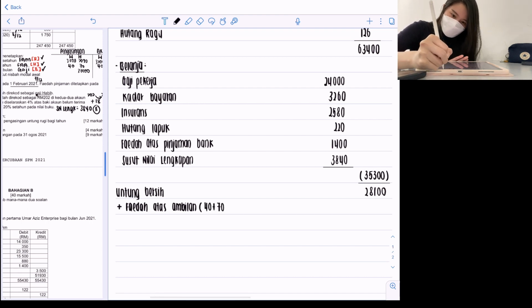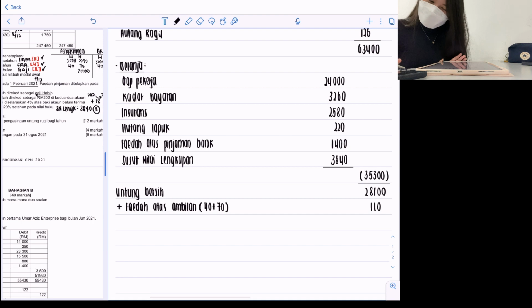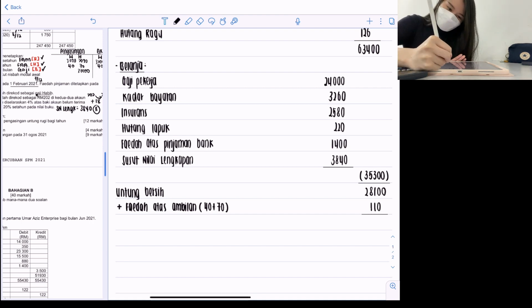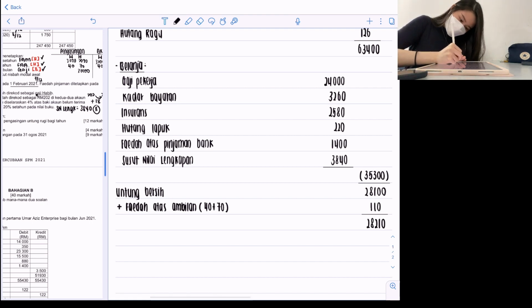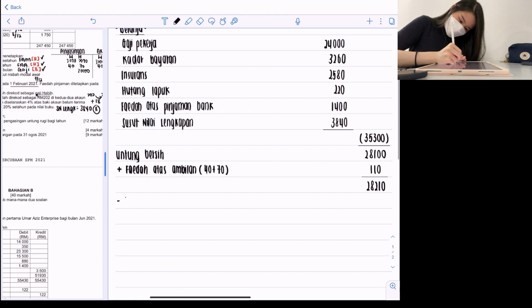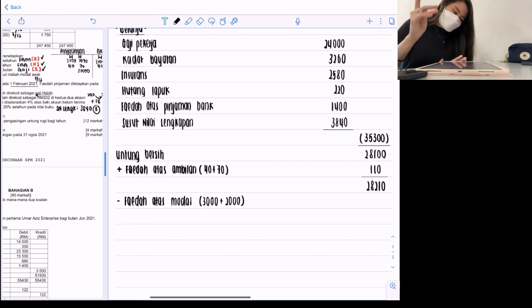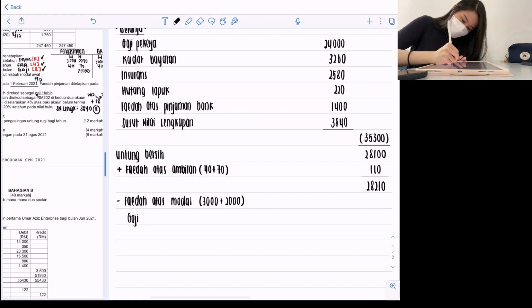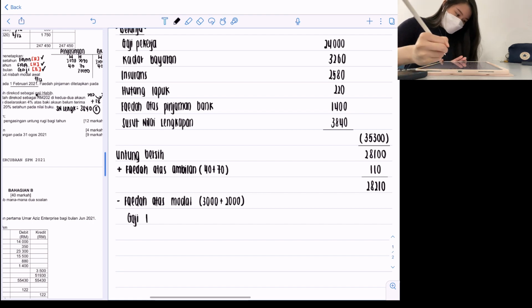But I would show you guys because I'm fast enough, alright? Now here, because we only have one gaji, I would spell out the name of the Perkongsi, yeah? Gaji Habib.